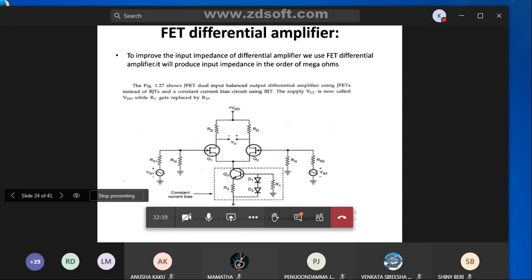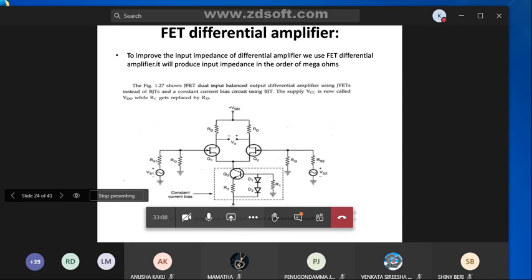Why are we using this FET differential amplifier? To improve the input impedance, we are using FET differential amplifiers. It produces an input impedance in the order of mega ohms, right? The basic difference between BJT and FET is that the FET has high input impedance compared to BJT.